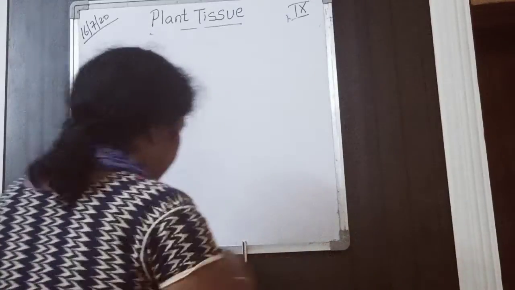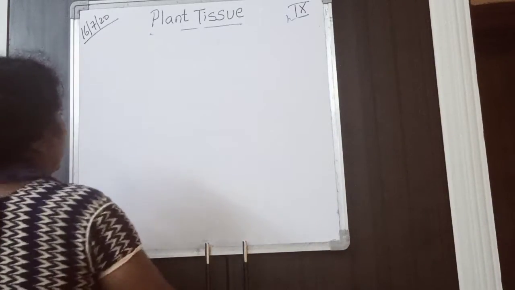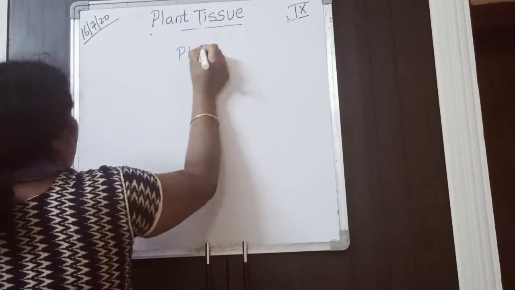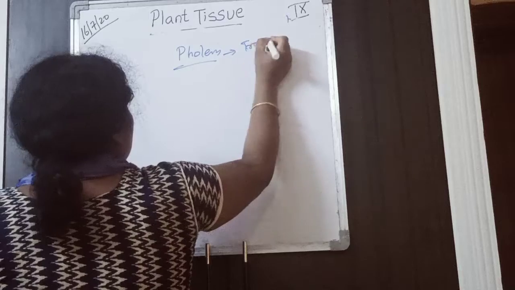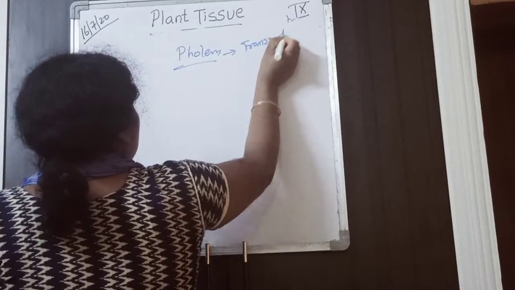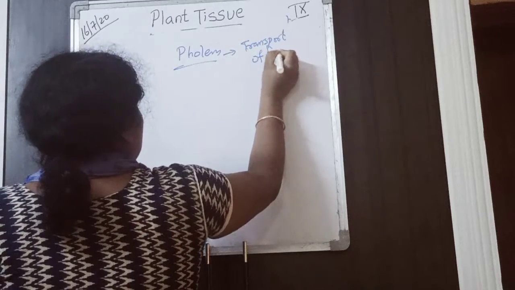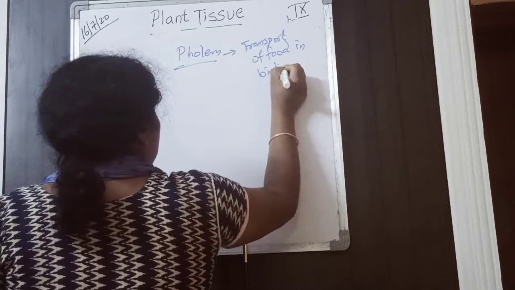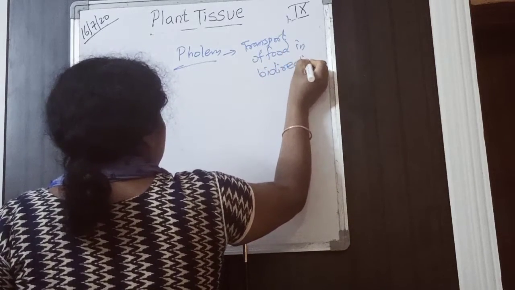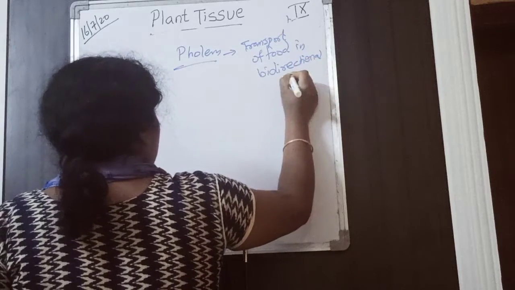Okay, let's see once again. Now if you see phloem, what is the main function of phloem? Transport of food in a bidirectional way.